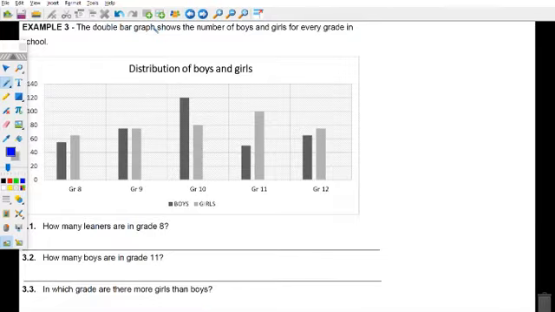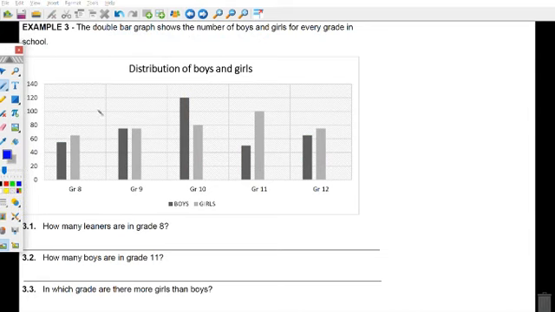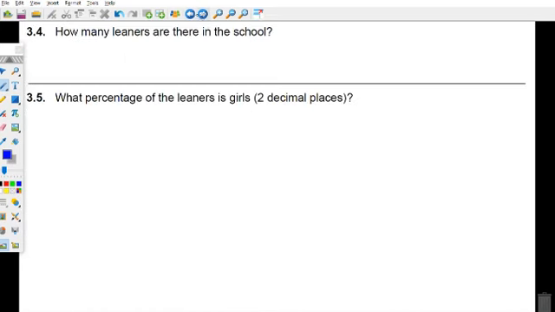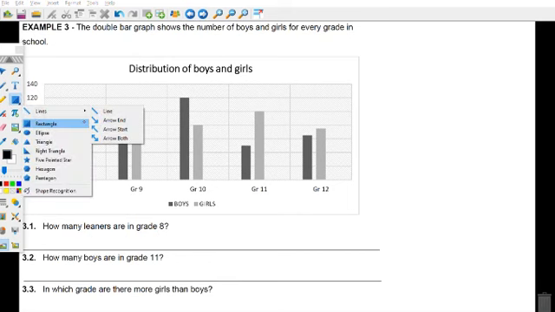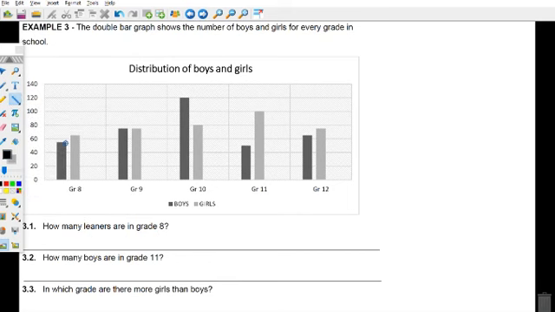Now, this one here, the double bar graph, shows the number of boys and girls for every grade in the school. Now, they're not going to give you something like this that is very hard to read. It will be easy to read. But let's just look at what we have here. So, how many learners are in grade 8? Let's find some straight lines here, from there to there.